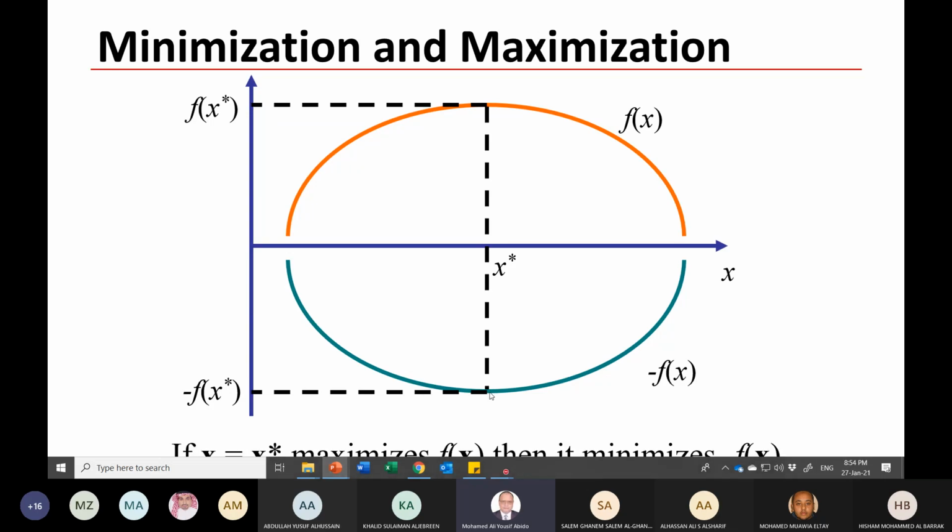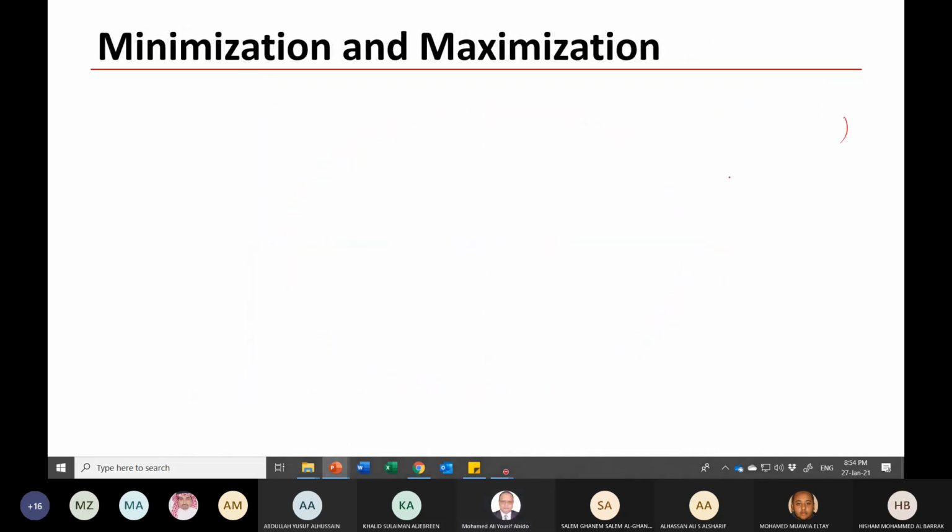So you can still use the same code, but you multiply the objective function by a minus sign. So if you have, for example, minimize f of x, this is equivalent to maximize minus f of x. Is it clear?